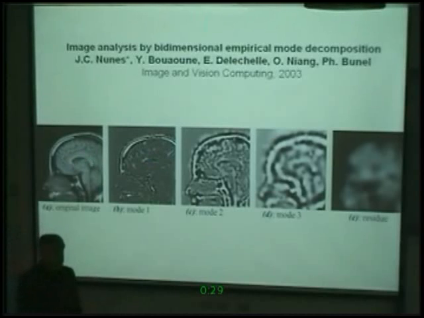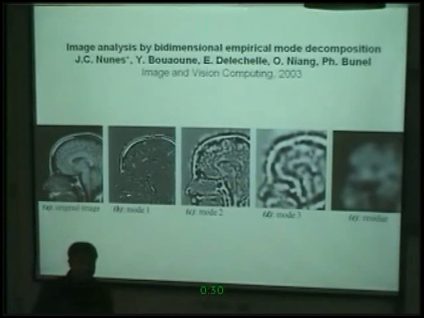Whether that is useful or not, I'm not sure. But this kind of picture starts to call the attention of some physicians, some radiologists. The radiologist was trained to read this. They are not trained to read that. So this is something new.